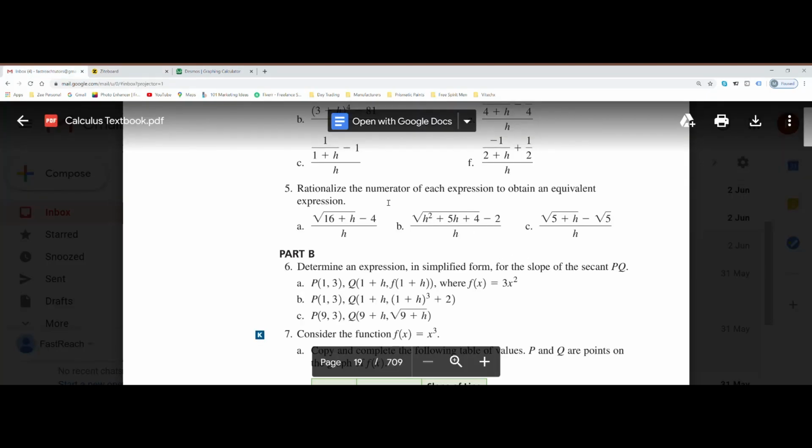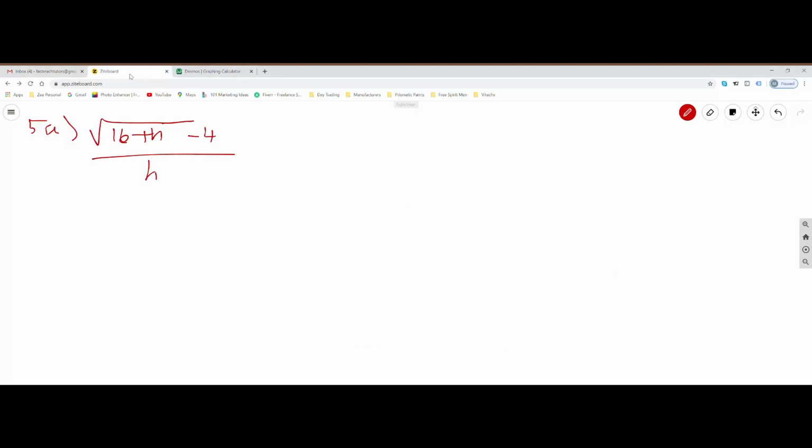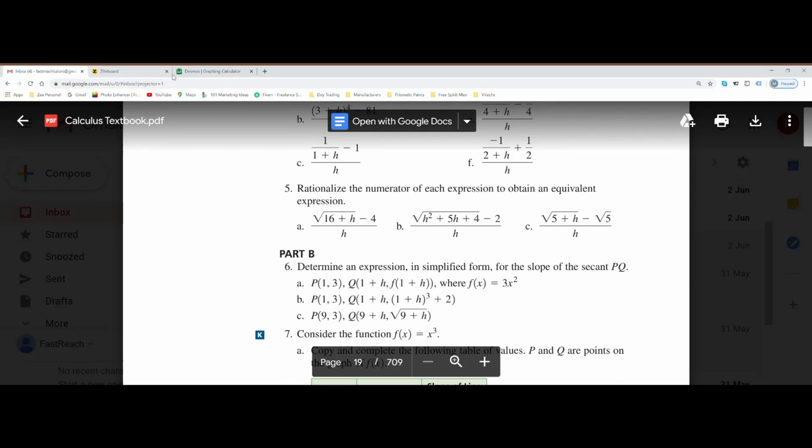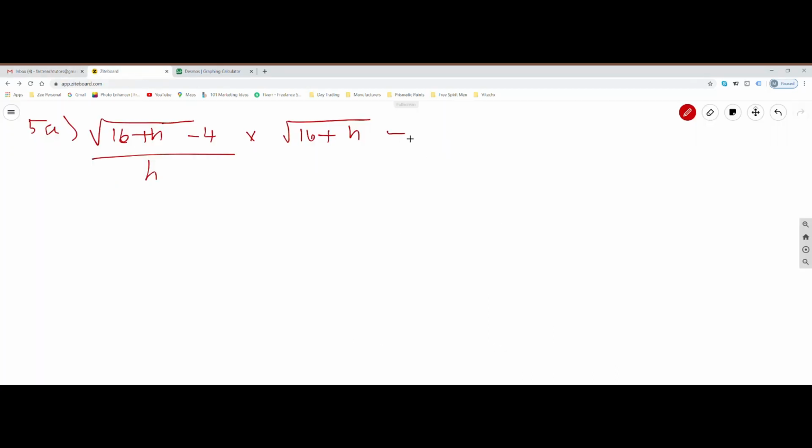What we have to do here is rationalize the numerator. You see that there are 2 terms here, so we need to multiply by the conjugate. So it's going to be square root of 16 plus h plus 4 over square root of 16 plus h plus 4.